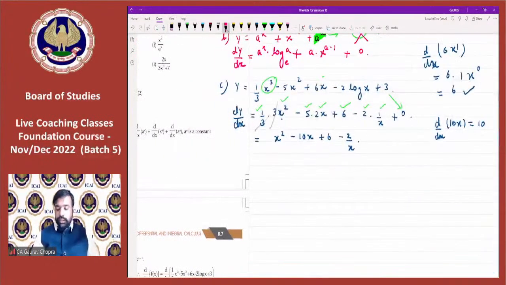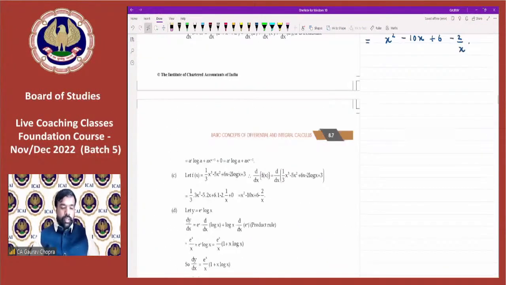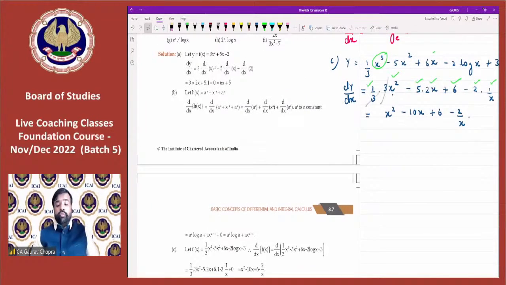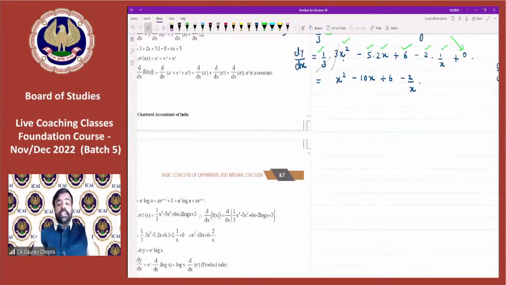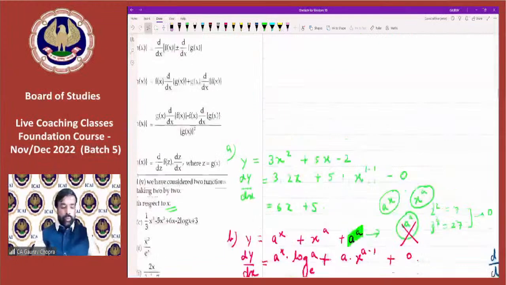Okay, so let us do the next one. Now whenever two variables are there in multiplication or division, then we have to apply some rules. So let us understand those rules also.